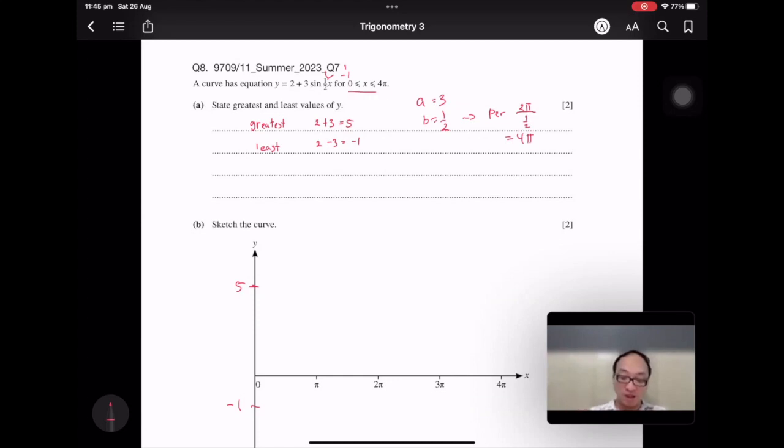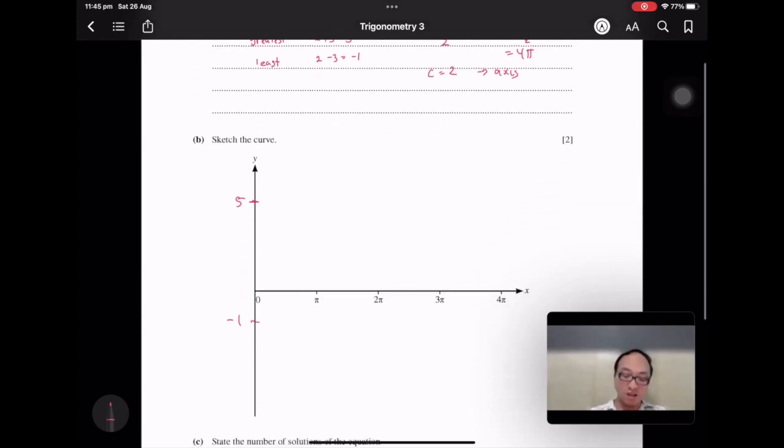Since this is 0 until 4 pi, it will be 1 period, so only one wave within this region. And then C equals 2, so this is the principal axis, and we can draw the principal axis here.